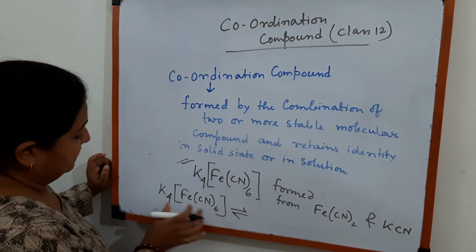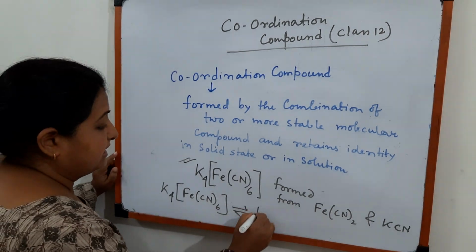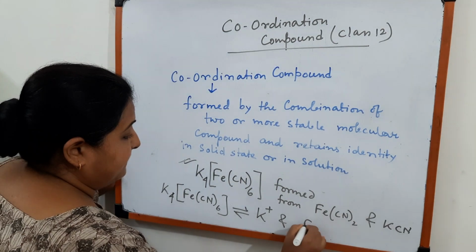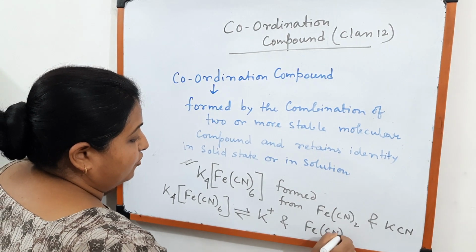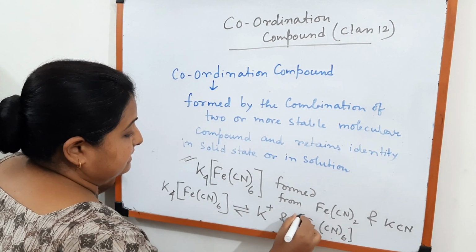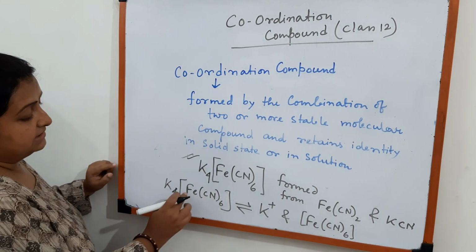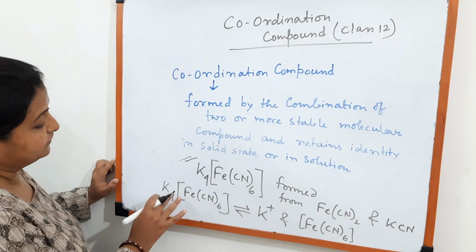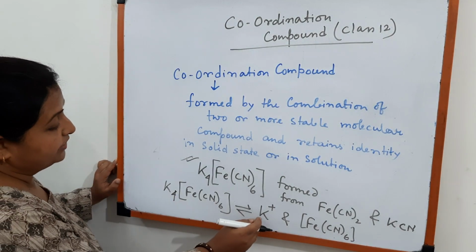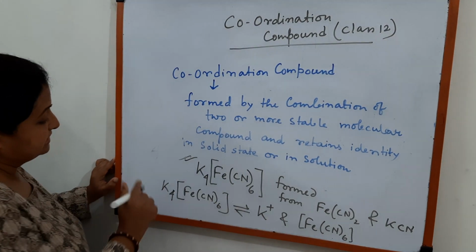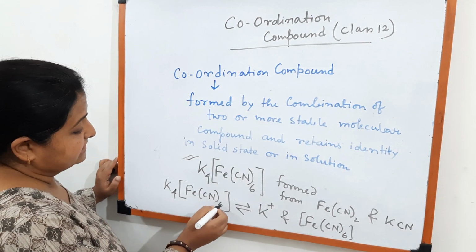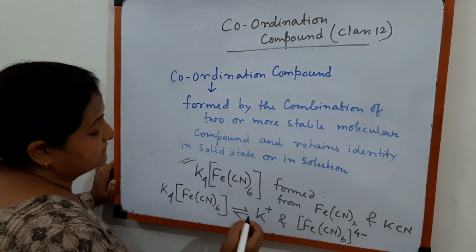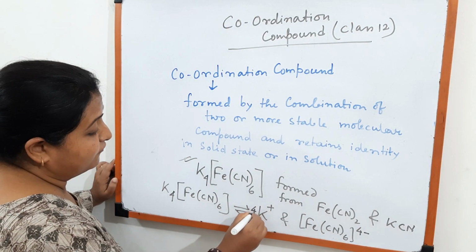Just see, this is the cation part, K+, and [Fe(CN)6] is the other part. Here is the presence of coordinate bond, I will discuss it later. When it dissociates, we get K+ ions as the positive ion and the [Fe(CN)6] ferrocyanide ion as the negative ion. That becomes 4 minus, and that is 4K+.